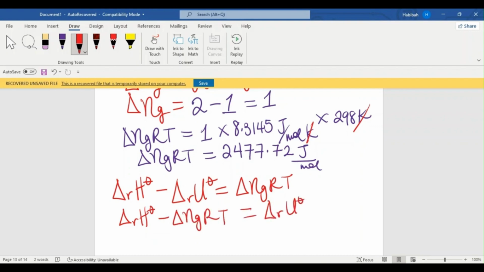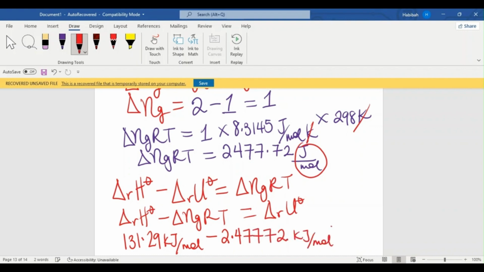Having this information, we have the change in enthalpy of reaction to be 131.29 kilojoule per mole, and then Δn_g RT. In this particular case, we have our information in joules per mole, so going from joules per mole to kilojoules per mole just involves dividing by 1000. If we do that mentally, we get 2.4772 kilojoule per mole, which equals the change in internal energy of reaction.